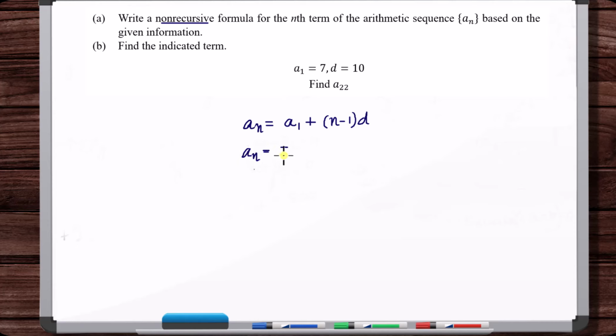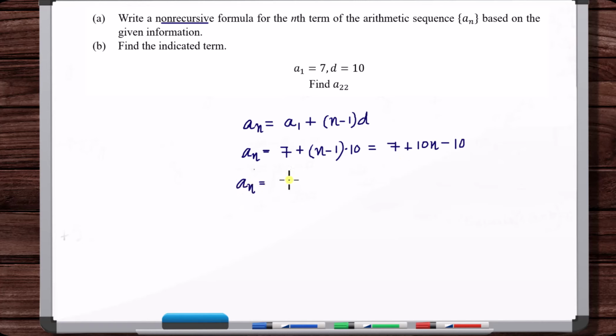So a1 is 7 plus n minus 1 times 10, and we can simplify this. So plus 10n minus 10.